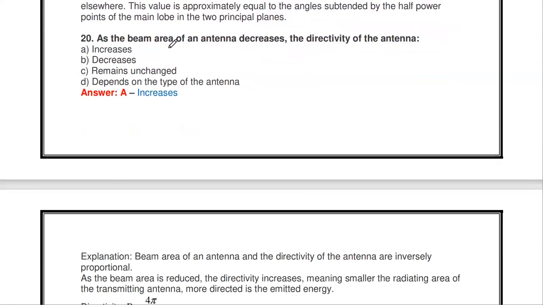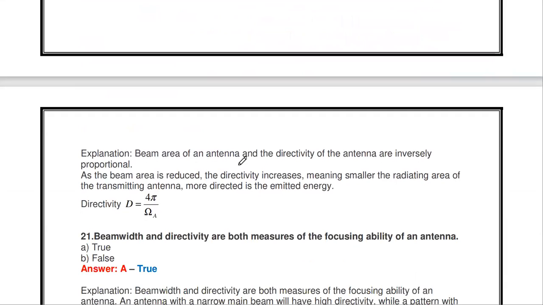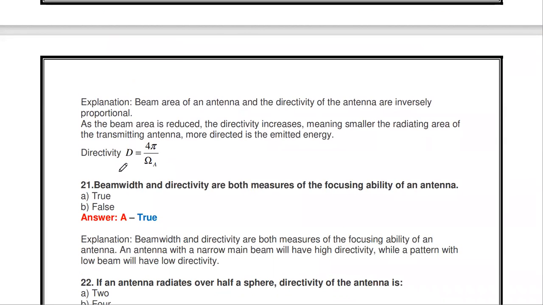Okay, then next question. As the beam area of the antenna decreases, the directivity of the antenna increases, decreases, remains unchanged, or depends on the type of antenna? Increases. Why does it increase? You know the relation between the beam area and the directivity.